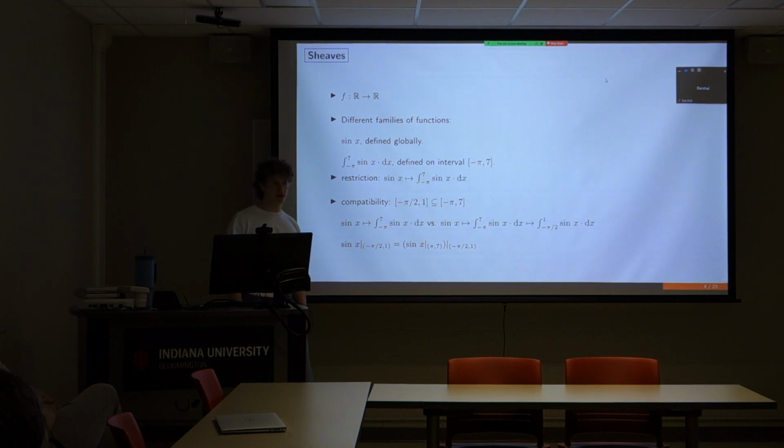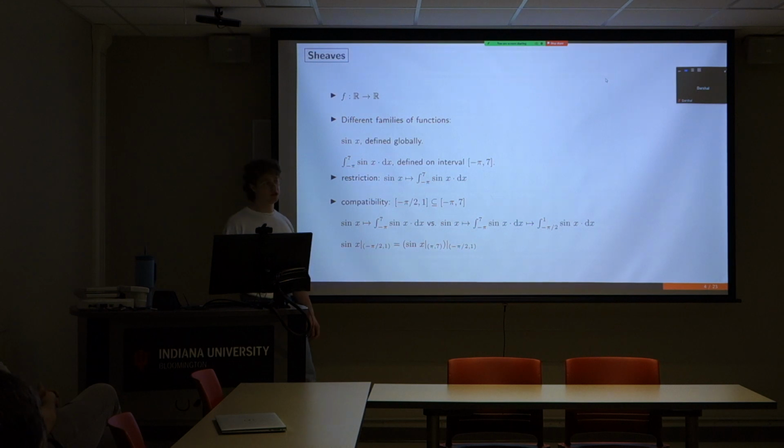But we can also look at functions that are only defined on an open interval of the real numbers, which is this integral here. So if you consider functions from the real numbers to the real numbers, we can consider different families of functions, maybe global functions or functions that are only defined on an open interval.